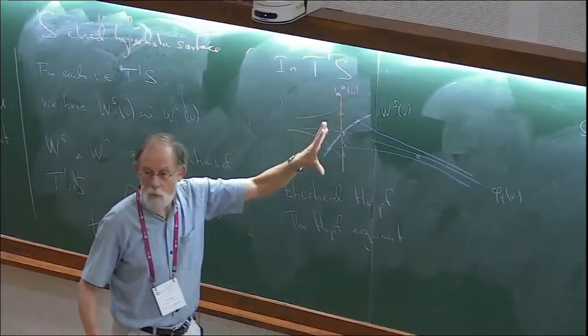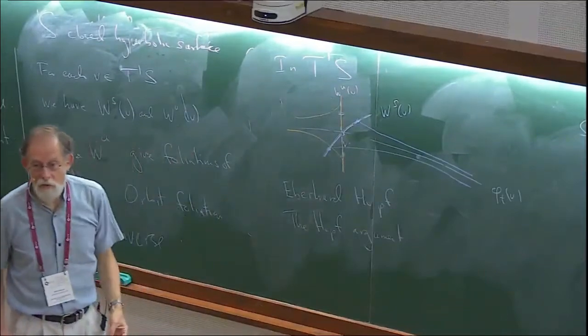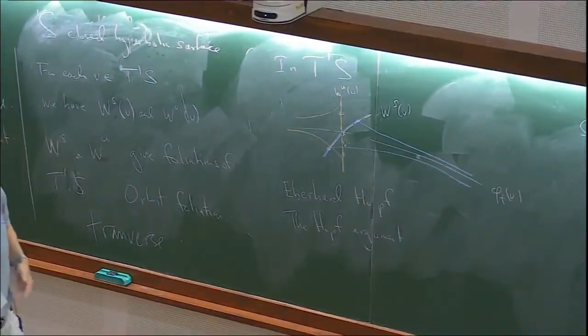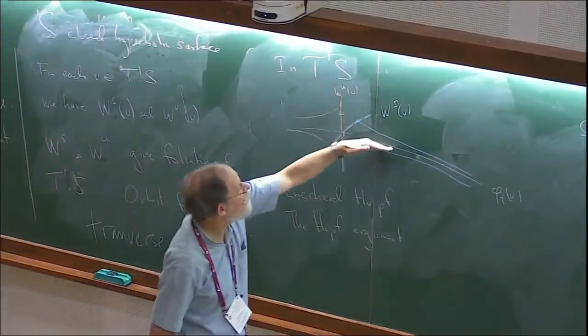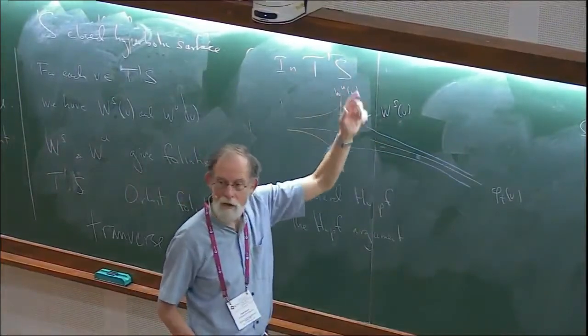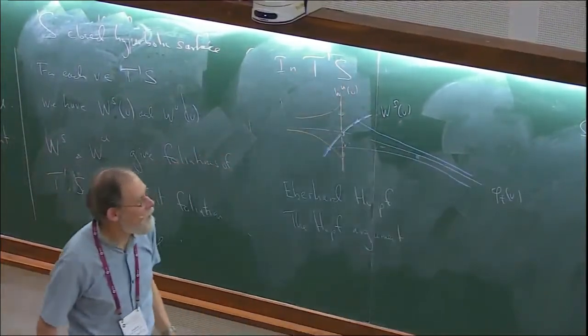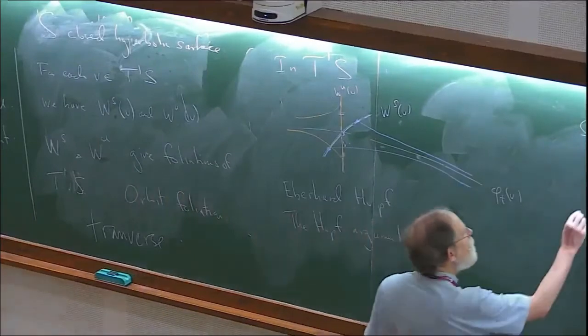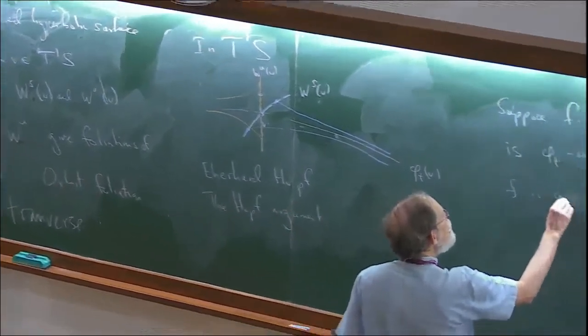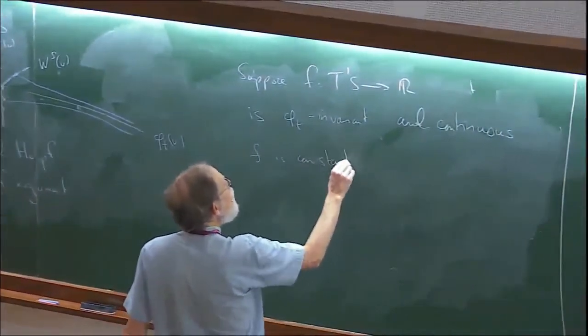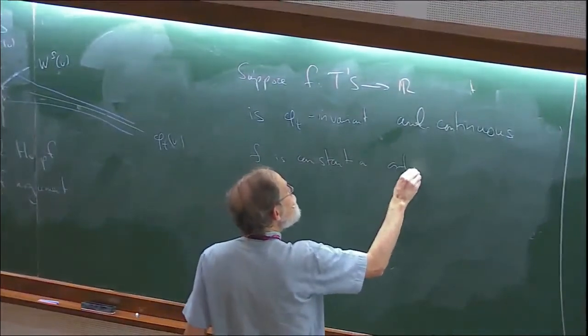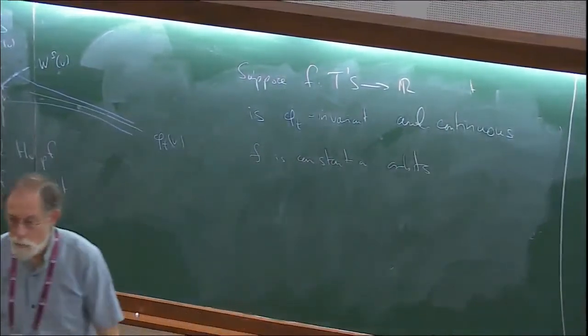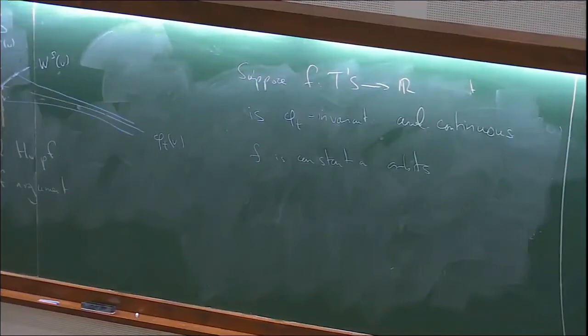Stable and unstable do not integrate to give surfaces. But I can get anywhere I want by going flow, stable, unstable, and maybe repeating if I have to. So f is obviously constant on orbits. Why? Well, because it's invariant. That's the whole meaning of being invariant.